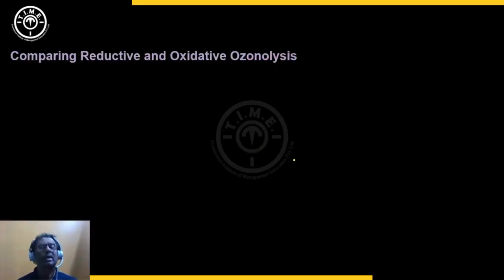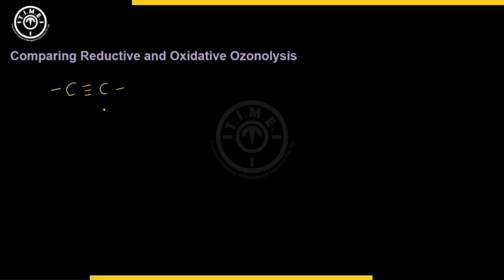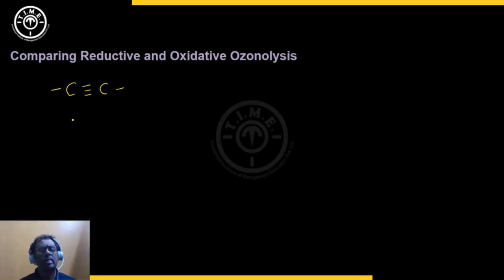Now, how to compare reductive and oxidative ozonolysis? Suppose I had started with an alkyne, C triple bond C, which is going to interact with an ozone molecule.